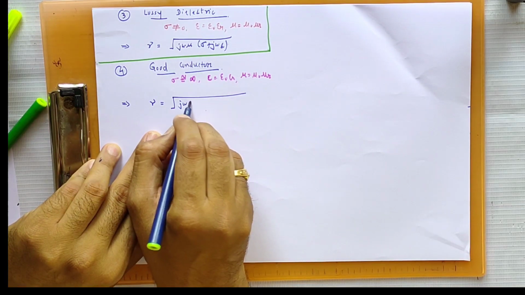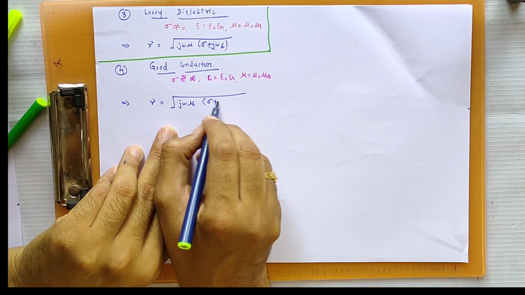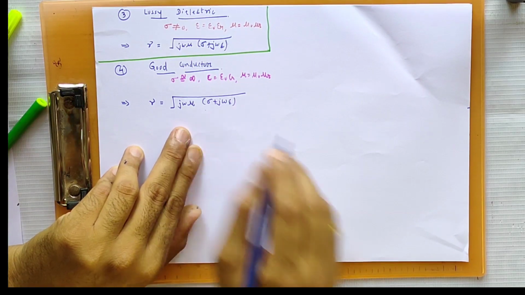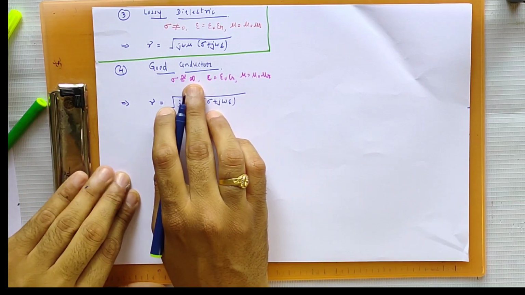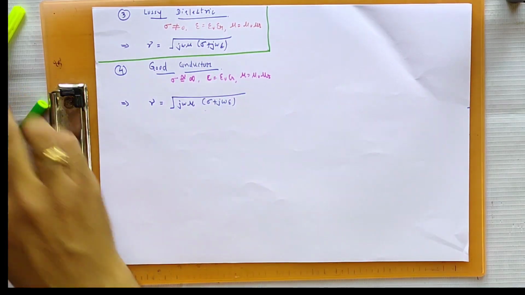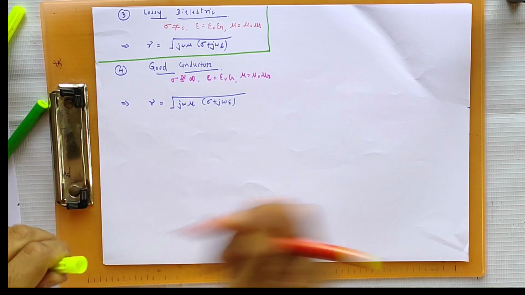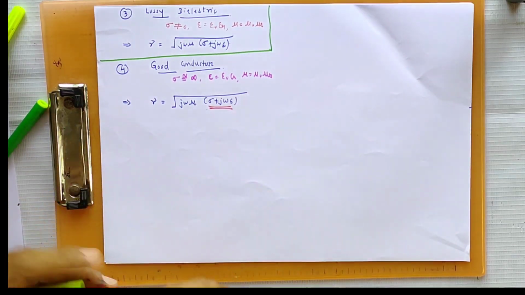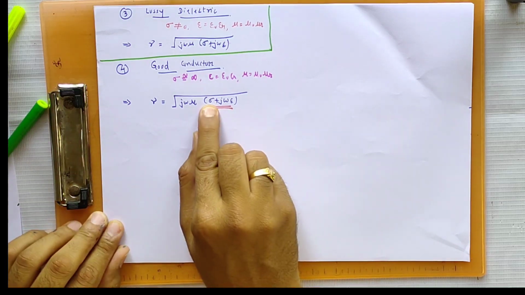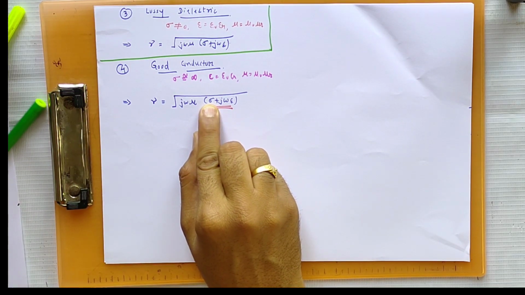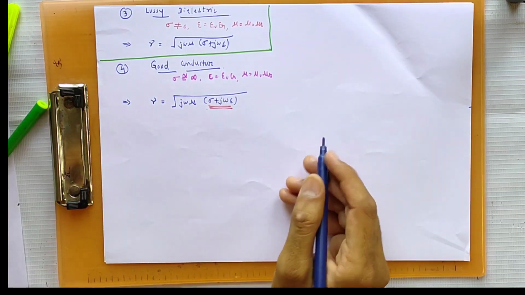Now we write the equation, sigma plus j omega epsilon. Here sigma is infinity, so the sigma term is very, very high compared to j omega epsilon.